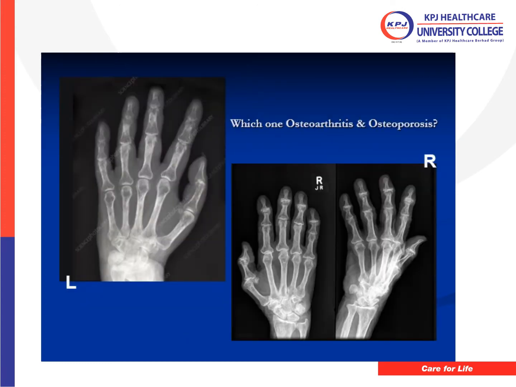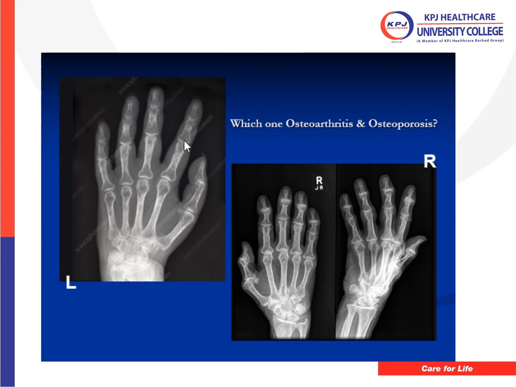Okay, this one we look at the difference. What is the difference? We have to know a bit about the common indications for the bones. Which one is osteoarthritis and which one is osteoporosis? Can you identify it for me? We'll discuss it and you can see there is a difference.